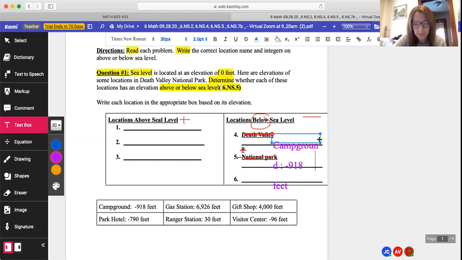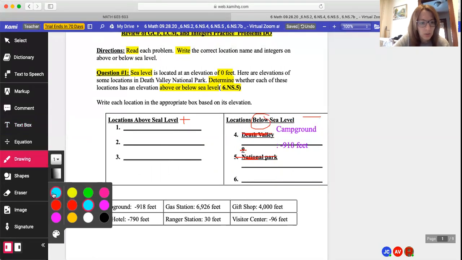That's that one. I'm going to write that one up here. So I'm going to make this a little smaller for you. So this is 24. Okay, so campground is negative, and also I am going to cross that off.